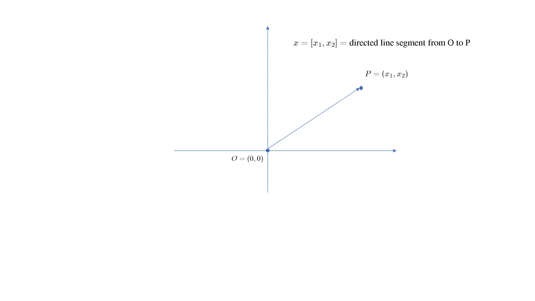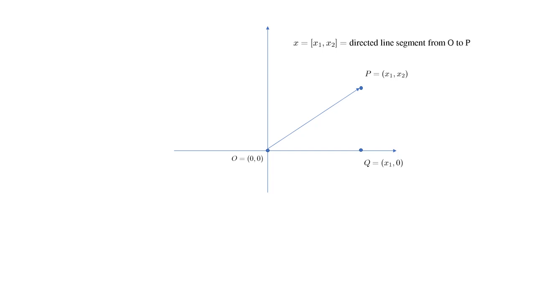This directed line segment is usually denoted, by the way, by square brackets, and we use the round brackets to denote the point. Then if we project down onto the x-axis, that's the point, let's call it Q, with coordinates (x1, 0).